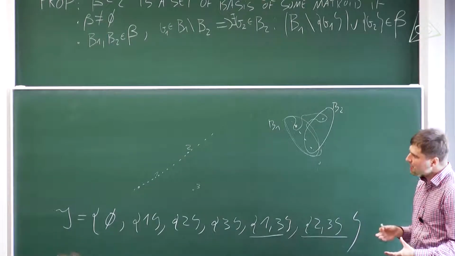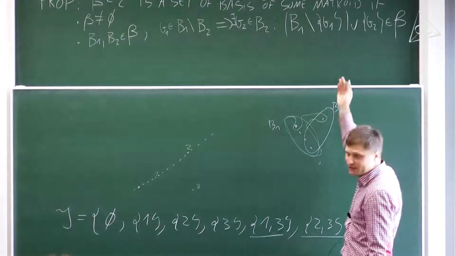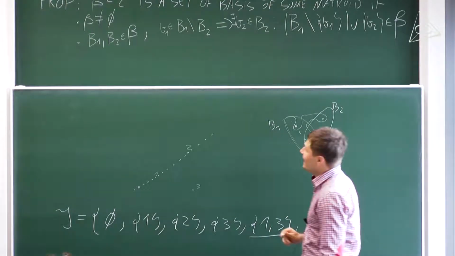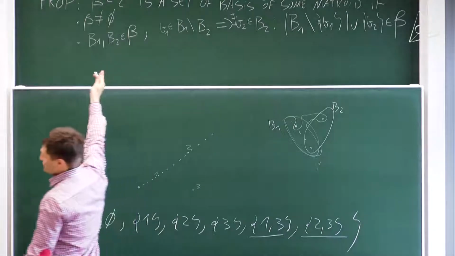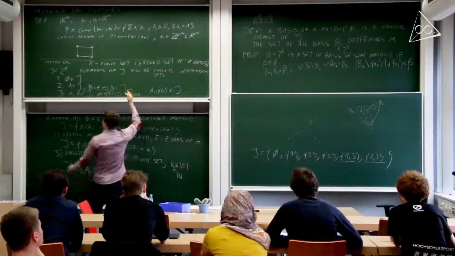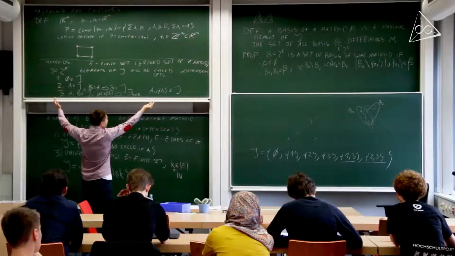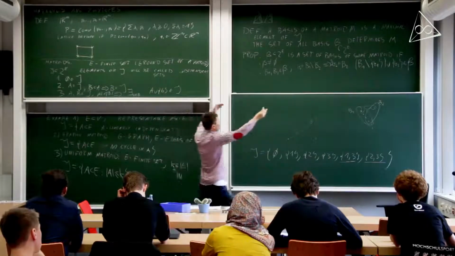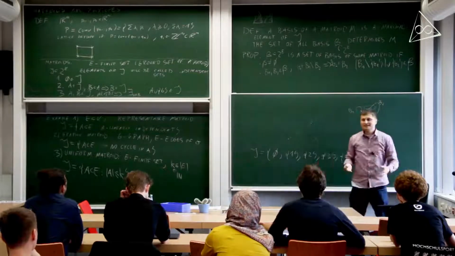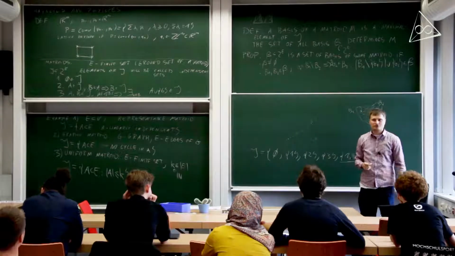And you should think about what it means in terms of linear algebra, and you should prove as an exercise that these axioms are equivalent to this axiom. So this is an equivalent definition of a matroid.